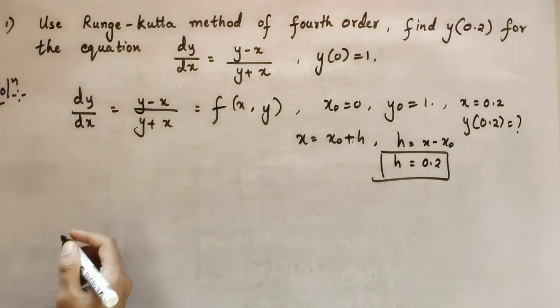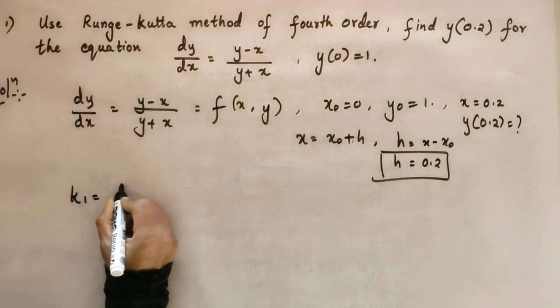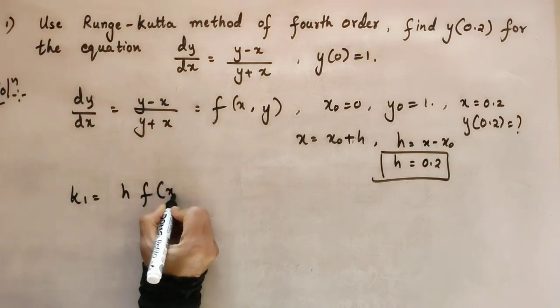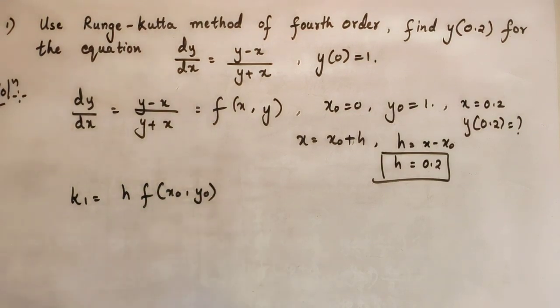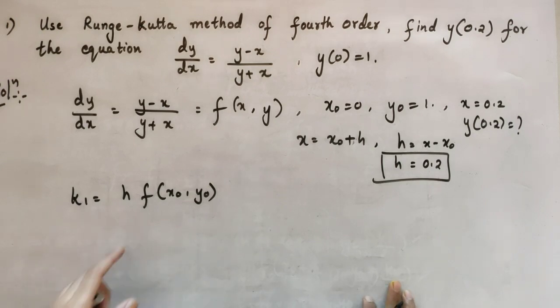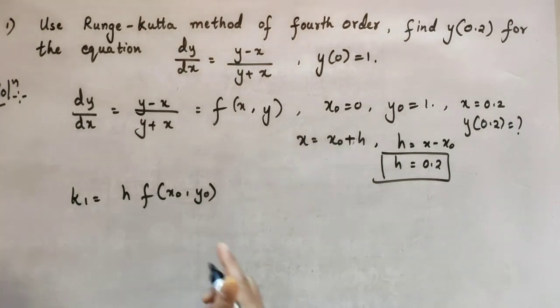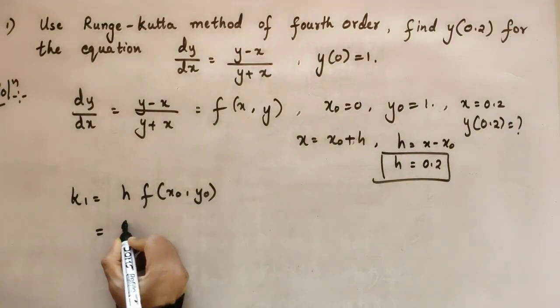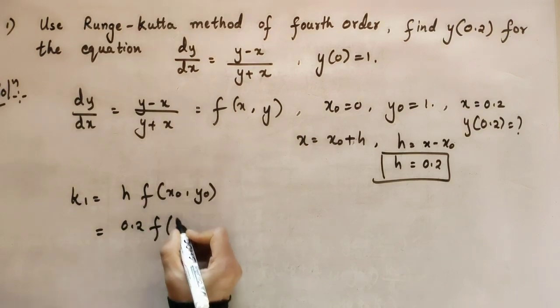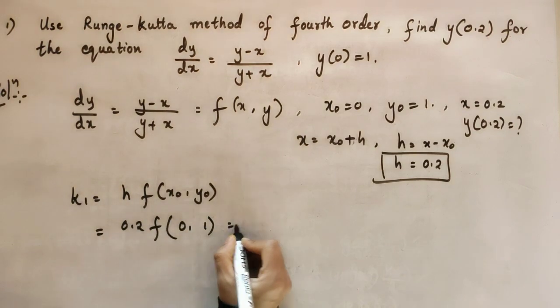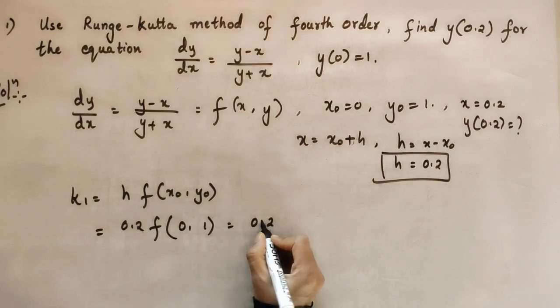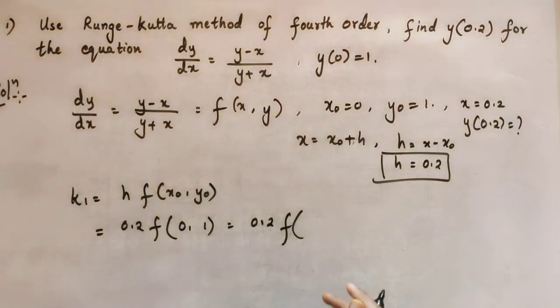And now we need to work for k1. It is h times f of x naught, y naught, is it? Yes or no? Refer to the formulas. Okay, so you have h is 0.2, f of x naught, y naught, where x naught is 0, y naught is 1, so it will be 0.2 times f of 0, 1. How is f of x, y defined?